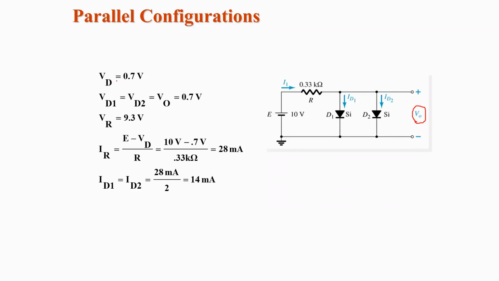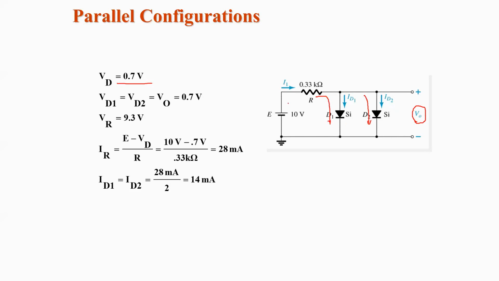Here you can see the voltage across the diode is 0.7 volts, and your current is I1. We normally see that current is being divided. As both the devices are in parallel and they are the same, what do you expect? That this current is divided equally in these two branches.